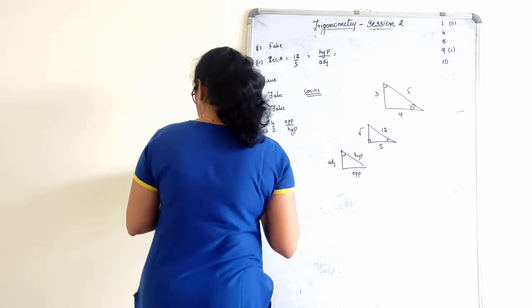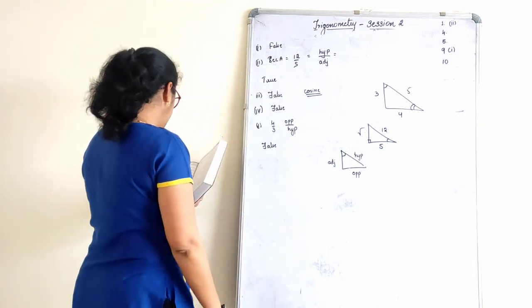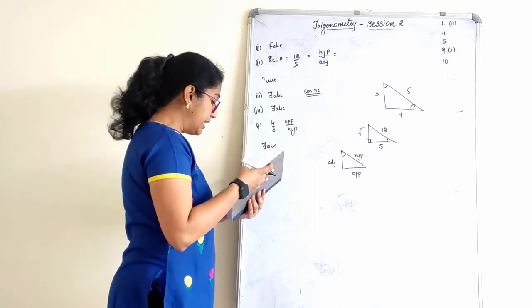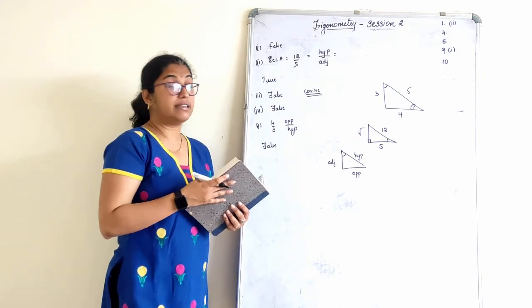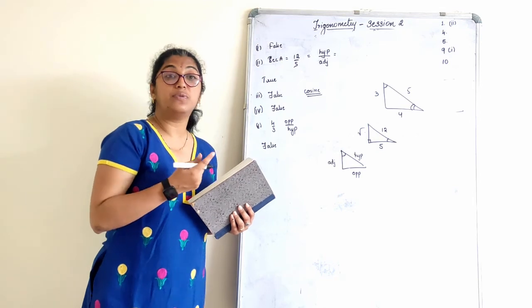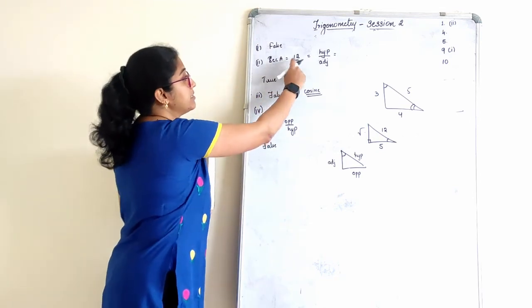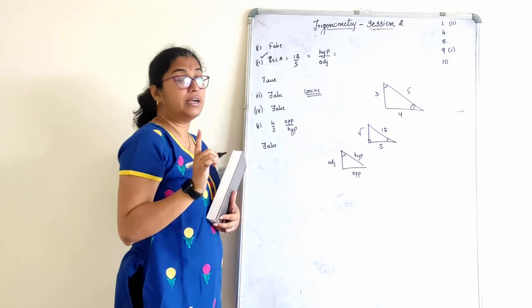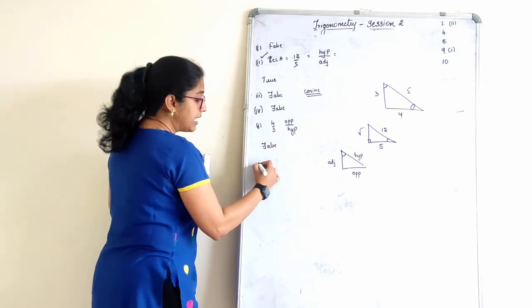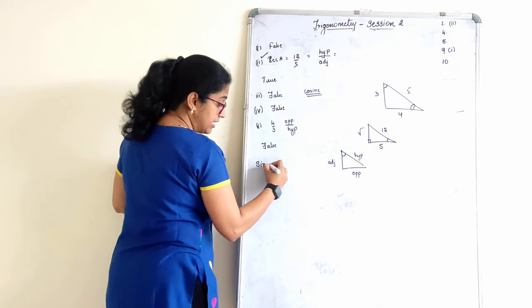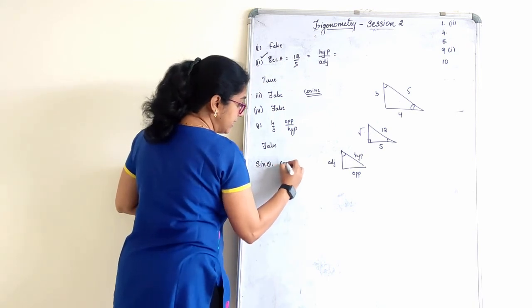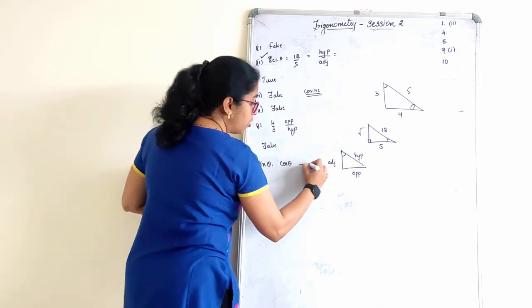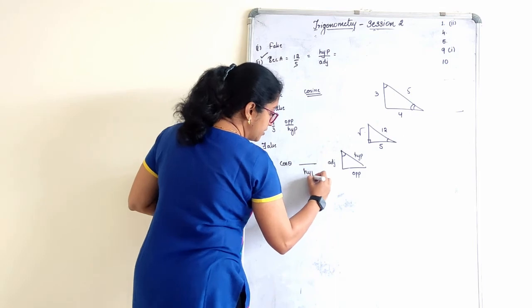Since the hypotenuse is the longest side in a right angle triangle, the denominator of the value of sin theta is always greater. See here, children, why this is true and this is false. Like yesterday we discussed, sin theta and cos theta are always divided by hypotenuse.